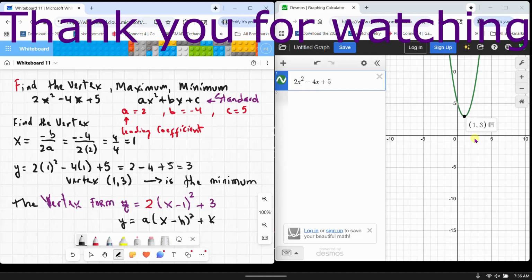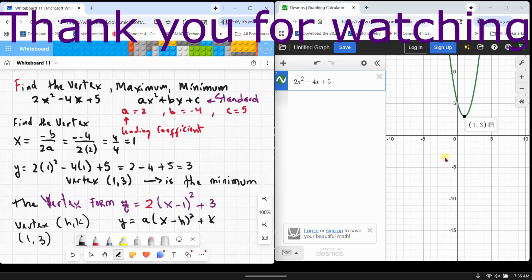For the vertex point, because we don't want to get confused between the x and the y of the function, we call them H and K. So we solved H is 1 and K is 3, earlier above.